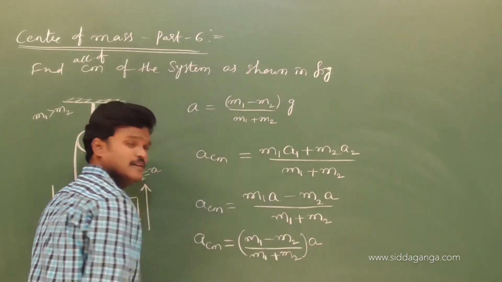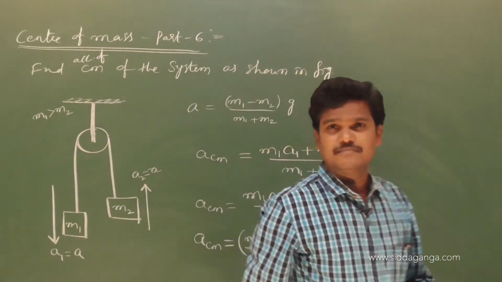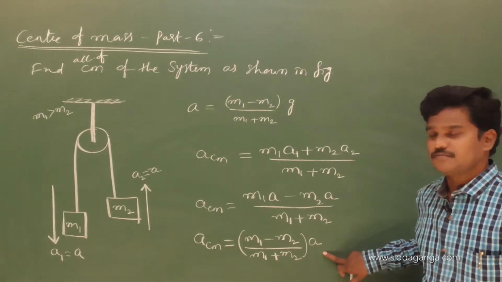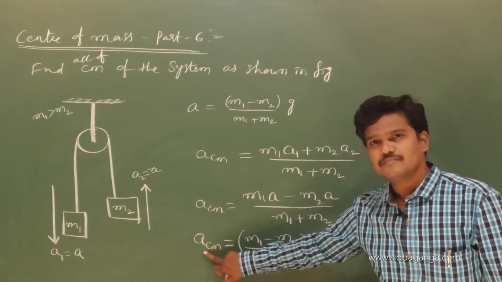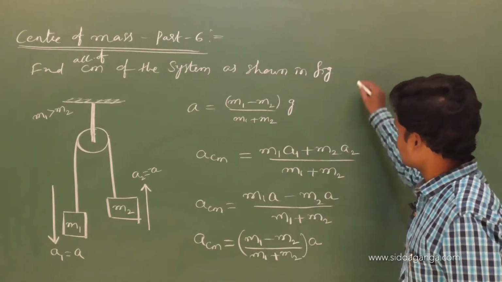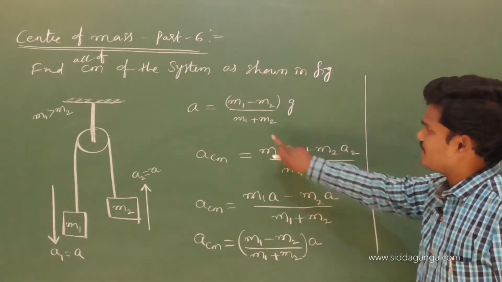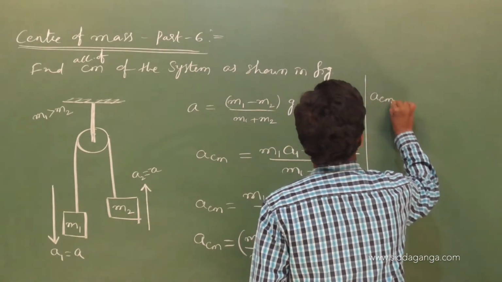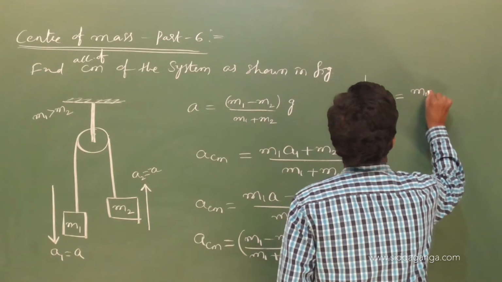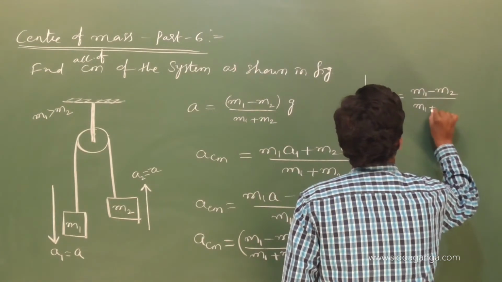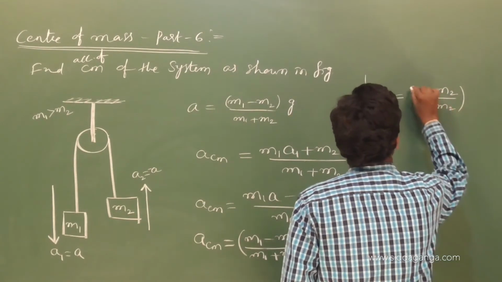What is small a? This a is acceleration of system. This is acceleration of center of mass of the system. Okay. Substitute a value. Then acceleration of center of mass of the system is m1 minus m2 by m1 plus m2 into a.